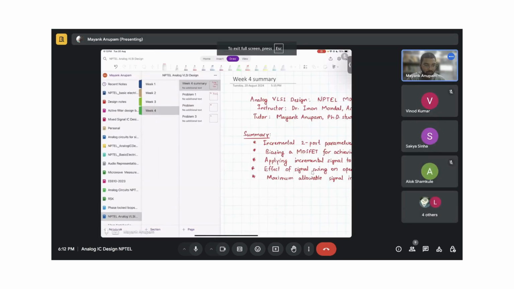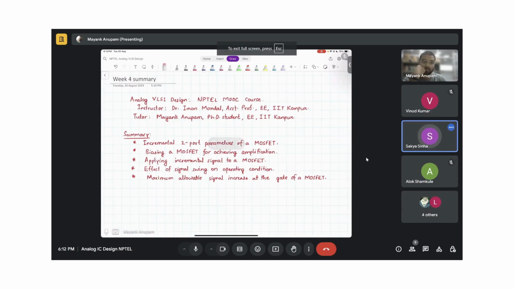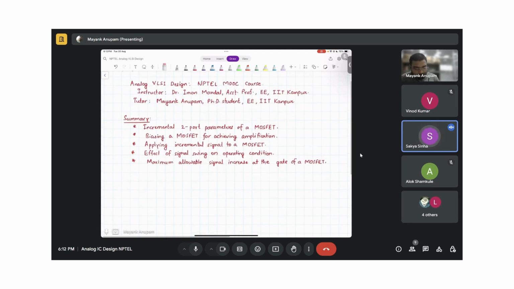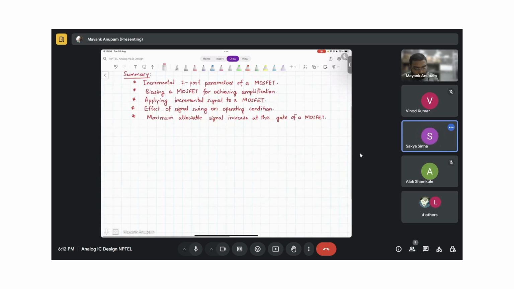Good evening. My understanding of the saturation and linear boundary is to just apply the condition: whether VDS is greater than or equal to VGS minus threshold or not. Correct. So whenever we are checking whether the amplifier is in saturation mode, at that boundary we can make it an equal sign rather than greater than, right?